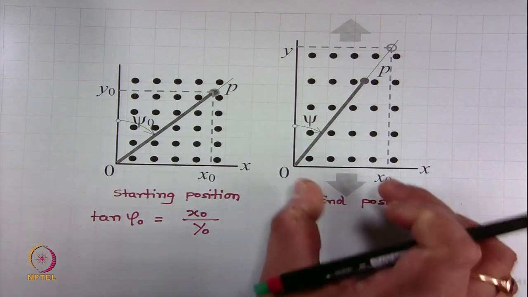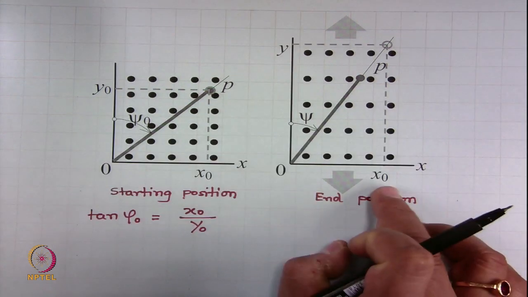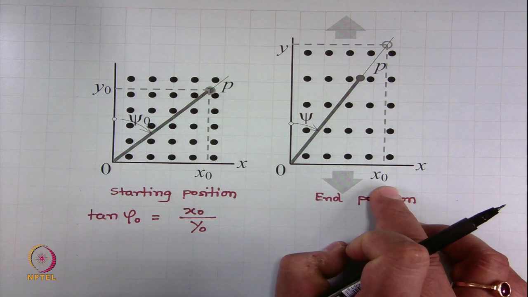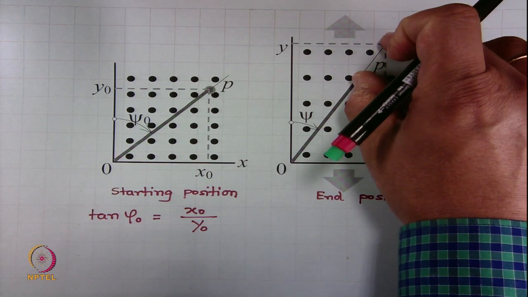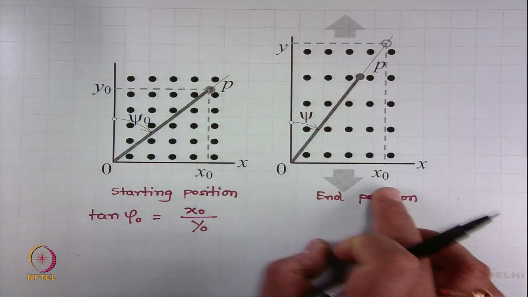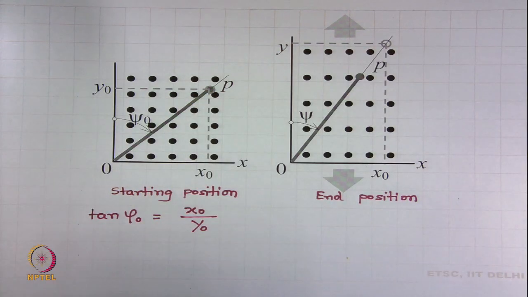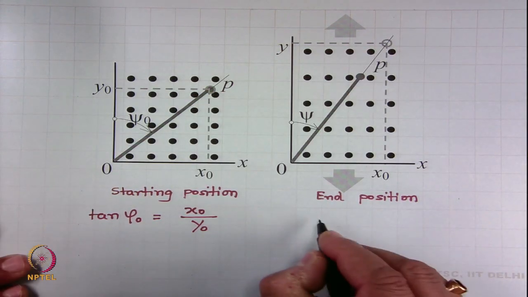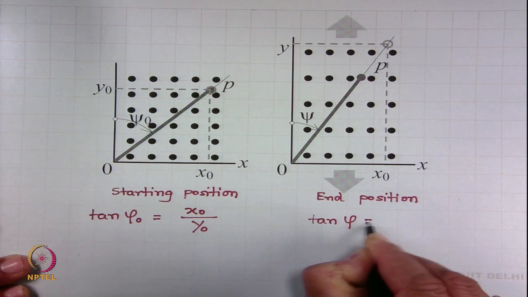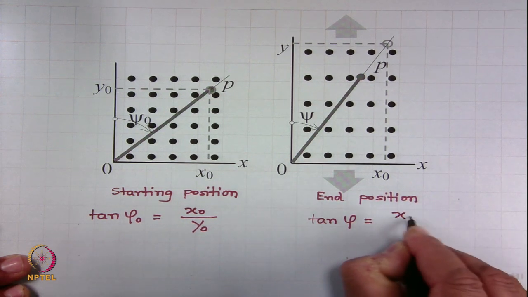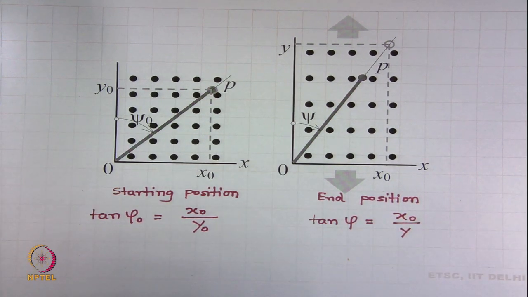This distance remains the same at x naught. For that purpose we have taken some extra length, and another coordinate is y of this point. So, tangent of psi is equal to x naught by y.